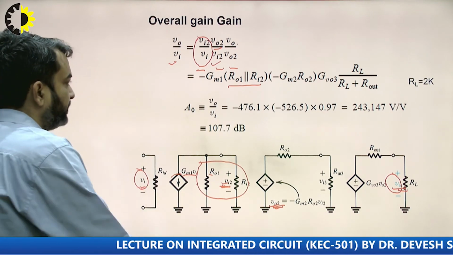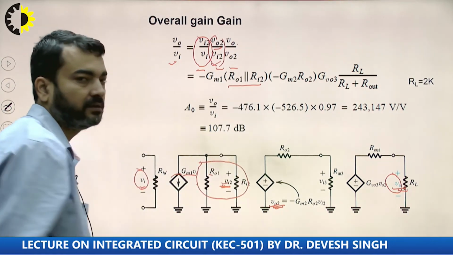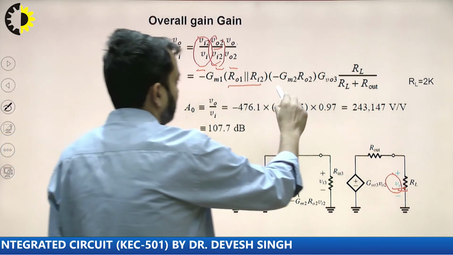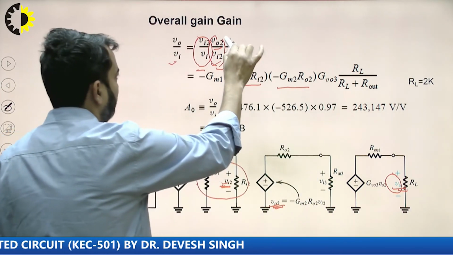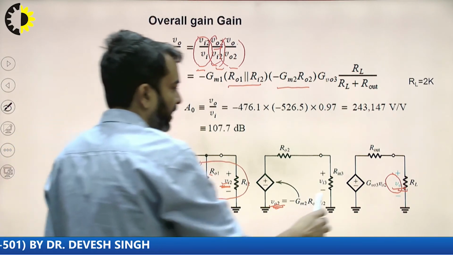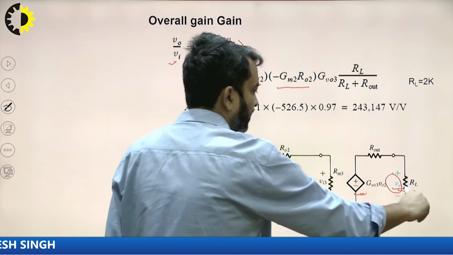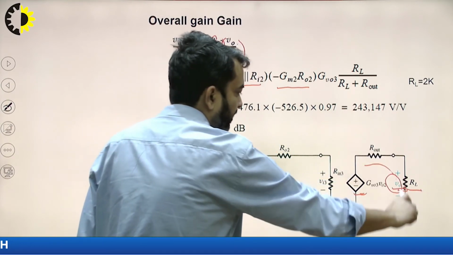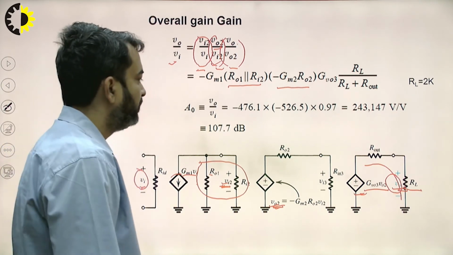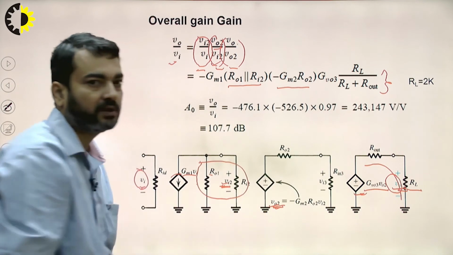In the same way, we can calculate V02 by Vi2. So this will come as this much. And V0 upon V02: here, this is the voltage source, so we can apply voltage divider. So this will become RL upon net resistance multiplied by GV0 3 V02. So this is the overall gain.